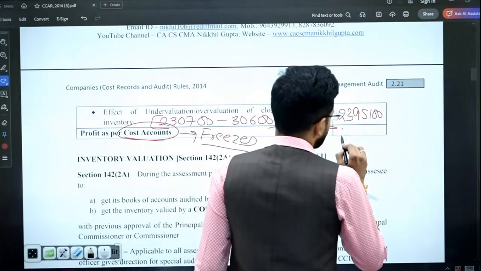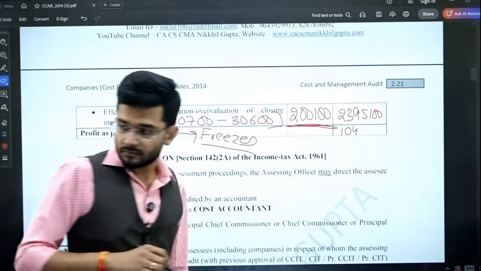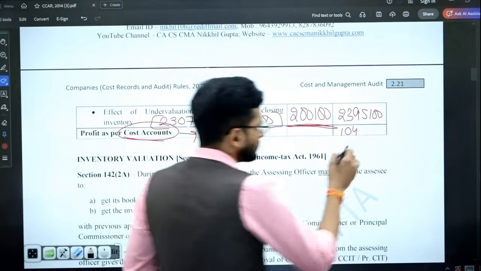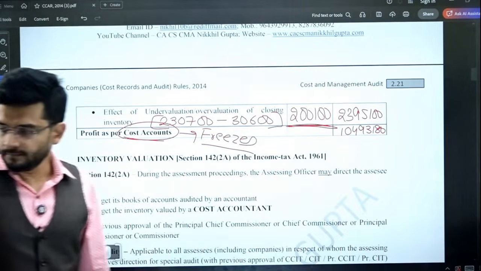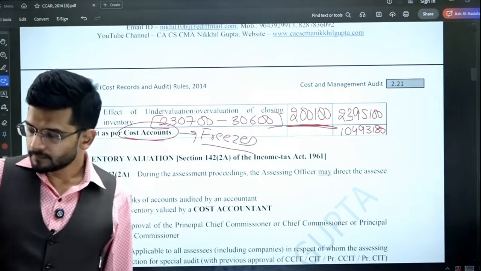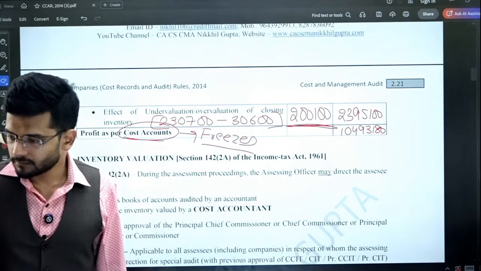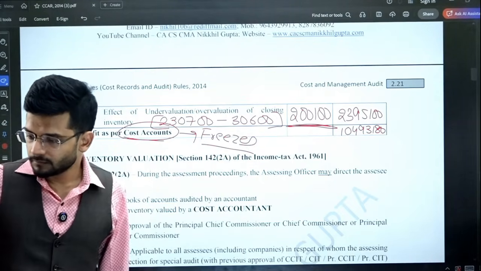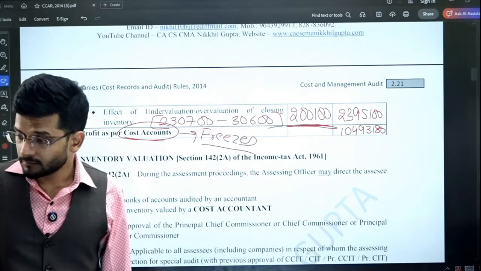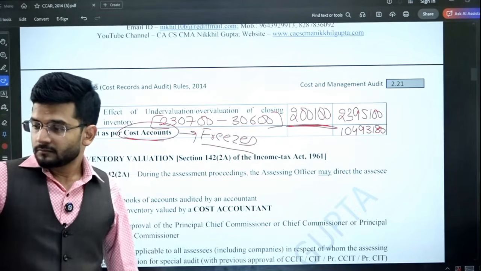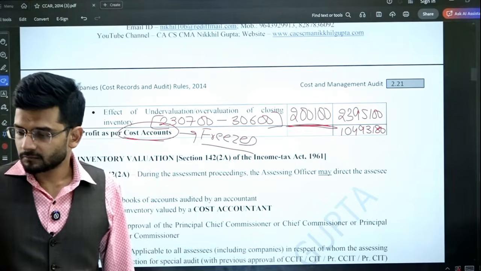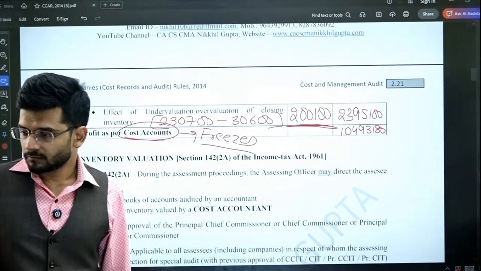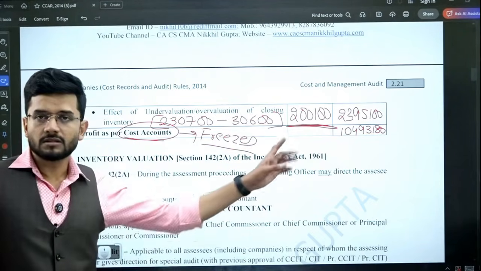And what is the profit as per cost accounts? Perfect. This is the answer.